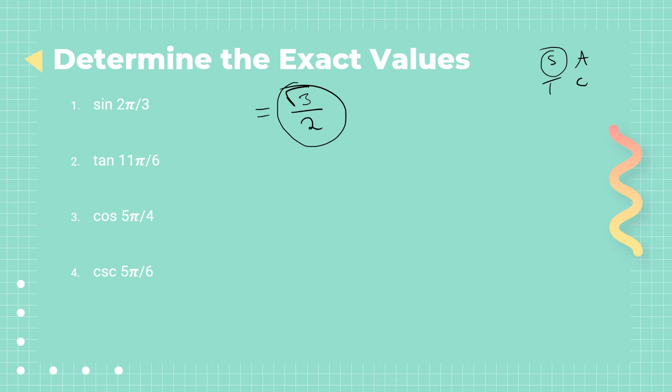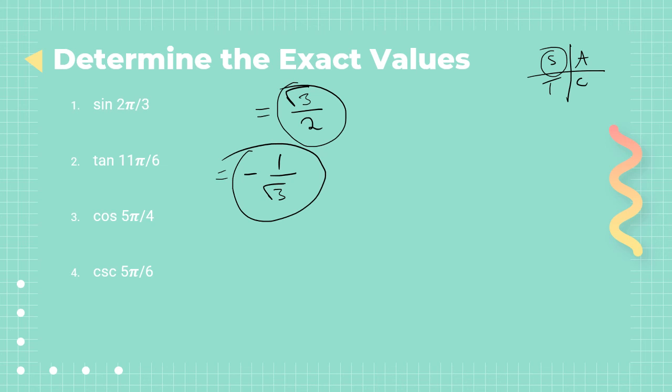Now for tan 11 pi over 6, we're talking about 30 degrees because pi over 6 is 30 degrees. And for 30 degrees we know that tan is 1 over root 3. Now we have to figure out which quadrant this is in. This is in the fourth quadrant, and tangent is not positive there, so the answer will be negative 1 over root 3.